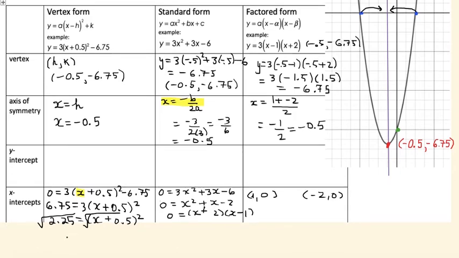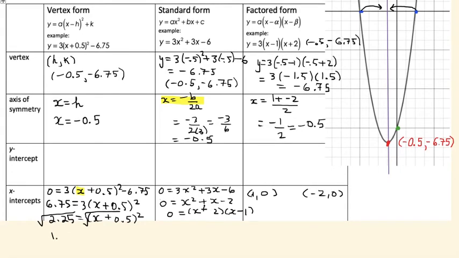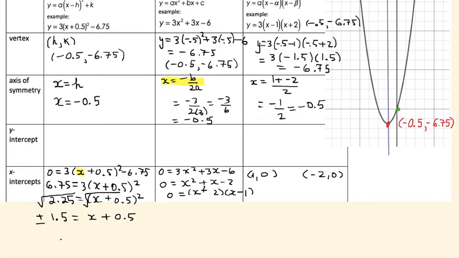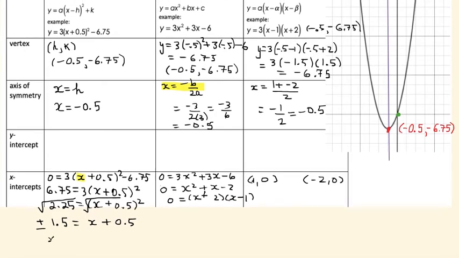Square root of 2.25 is 1.5. And perhaps you remember about the positives and the negatives. And so actually the square root of 2.25 is plus or minus 1.5. And so in our first case, we are going to have negative 0.5, taking this value over, right, in the front here.